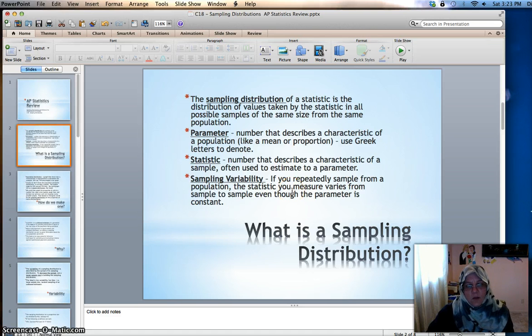And so you might take a sample of your population, and maybe in that sample it comes out and says 25% have red as their favorite color. Maybe you do another sample of the exact same size from the same population. It might say 32% have red as their favorite color. So there's going to be some variation, even though the true mean is not moving around. It's just that we have some variability in our samples.